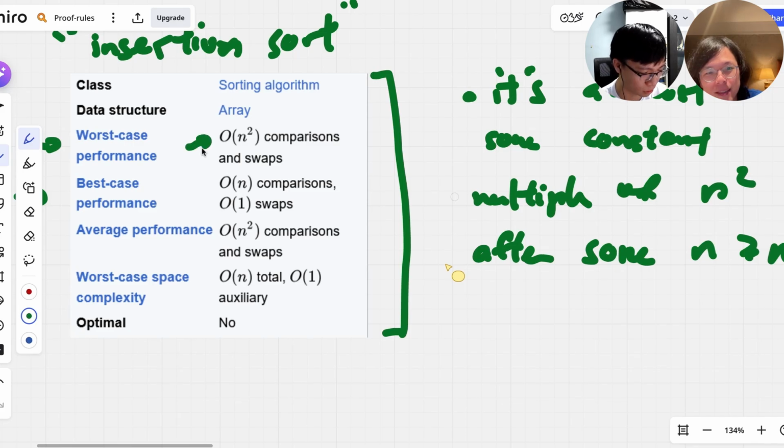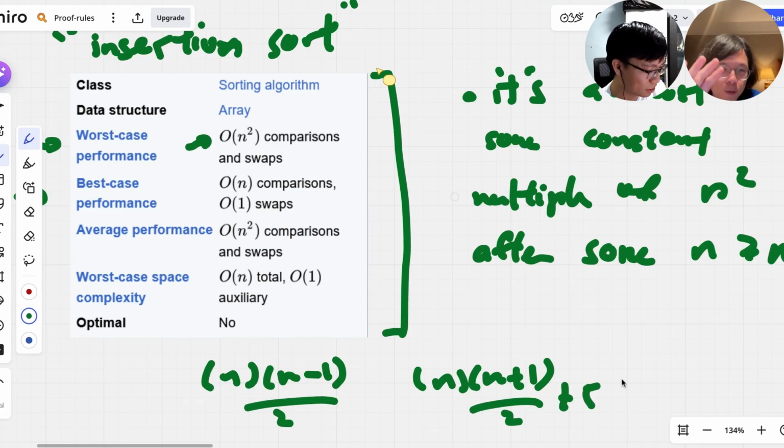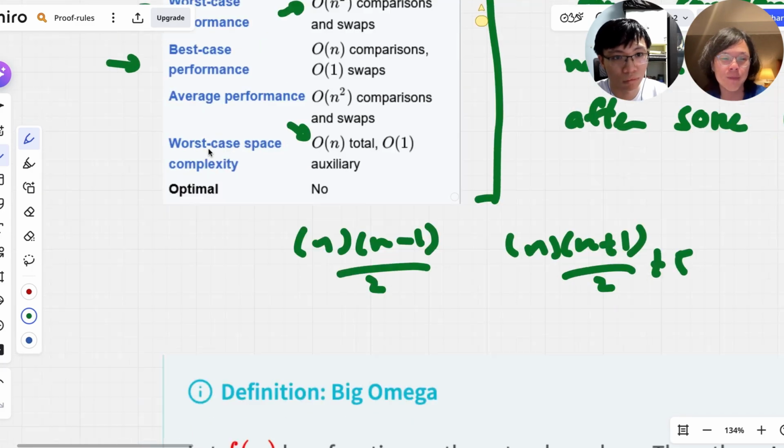So O(n squared) here means it's some constant multiplied by n squared. So it could be n times n minus one over two. It could be like n times n plus one over two plus five. I don't know, right? We just know that the running time has a quadratic trend with respect to the number of array elements. So if you see O(n), it means that it's a linear relationship. If it's O(n squared), it's a quadratic relationship.